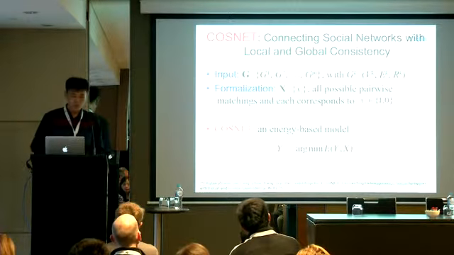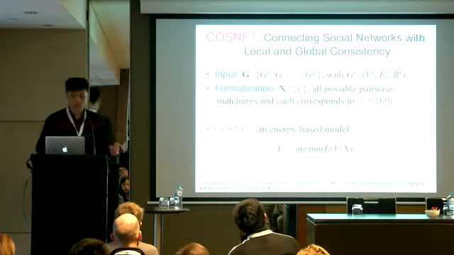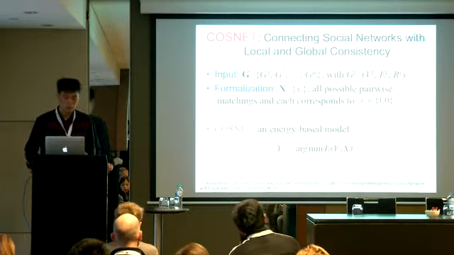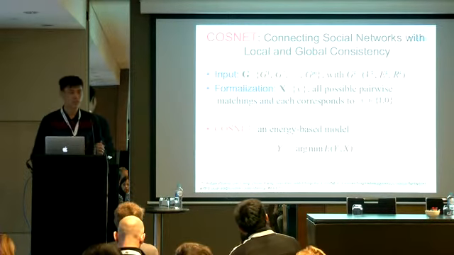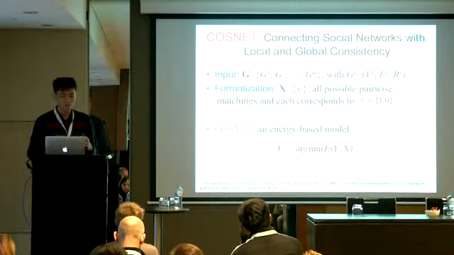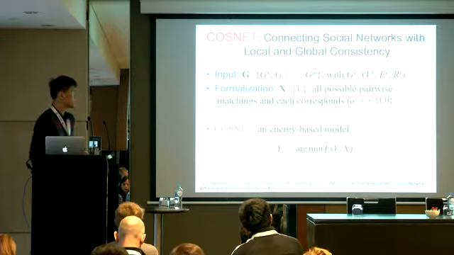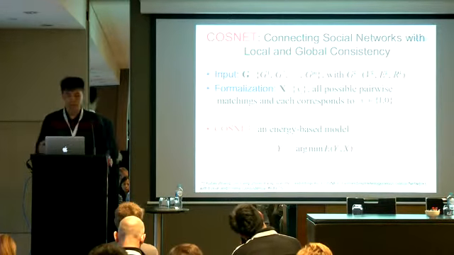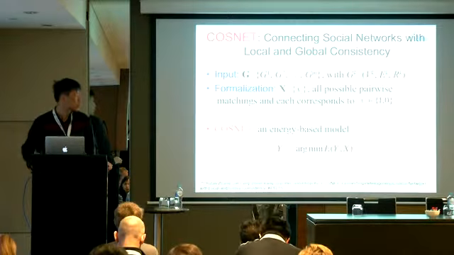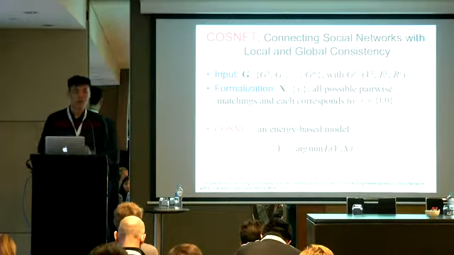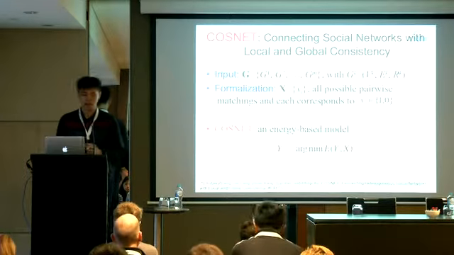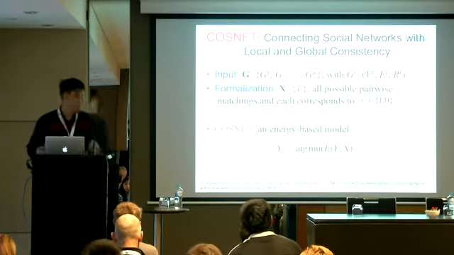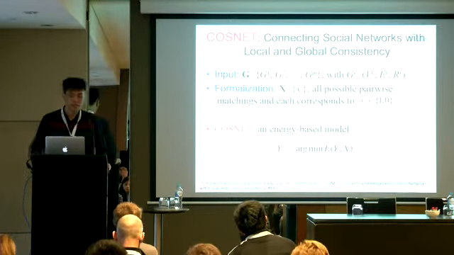We use the capital X to indicate the space of all the potential matchings between different pairs of social networks. Each pair is associated with a label Y that indicates whether or not these two profiles belong to the same person.